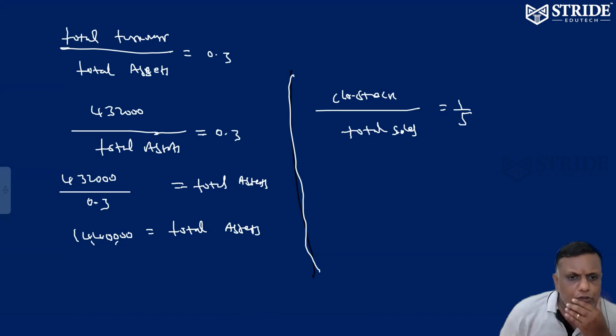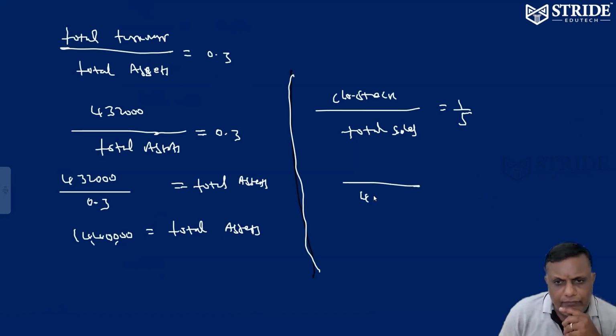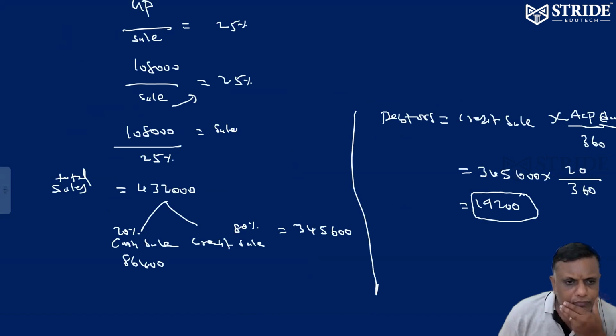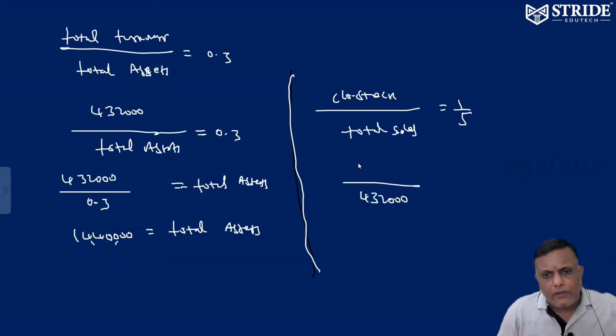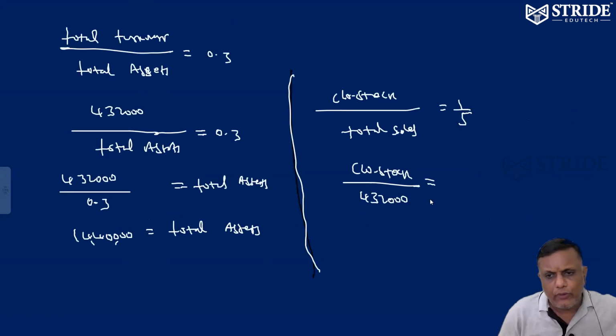Okay. So total sales 4,32,000. Please check it out. Total sale 4,32,000. Here is going to be closing stock. Now only logic, that's it. So closing stock is the numerator, it's going to be 1 by 5. So closing stock is equal to 4,32,000 into 1 by 5.